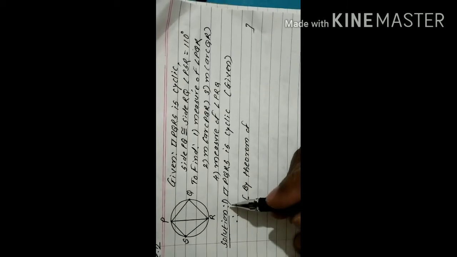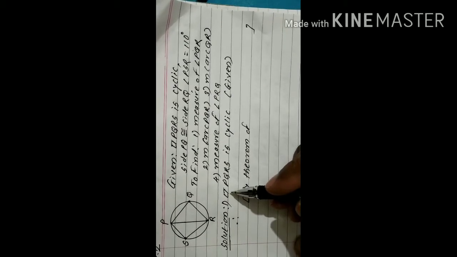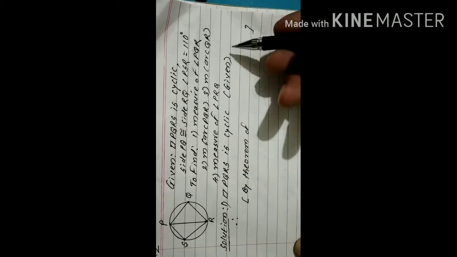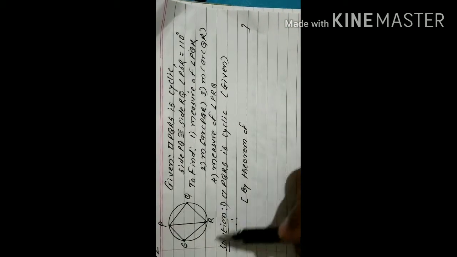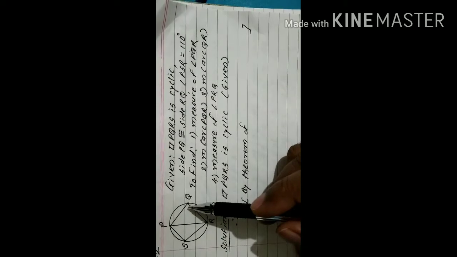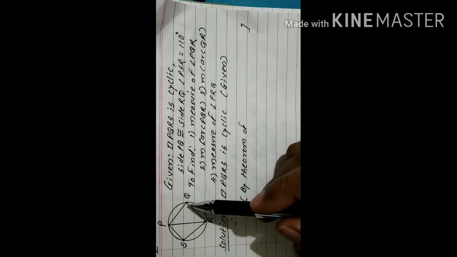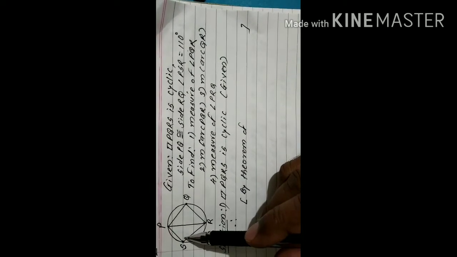Solution. First, quadrilateral PQRS is cyclic. This is given. Therefore, in the figure PQRS, you study the theorem of cyclic quadrilateral. The opposite angles are supplementary.